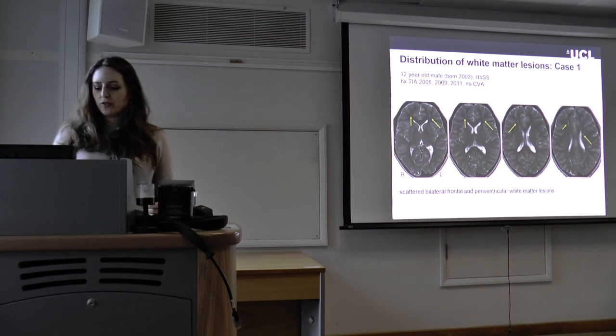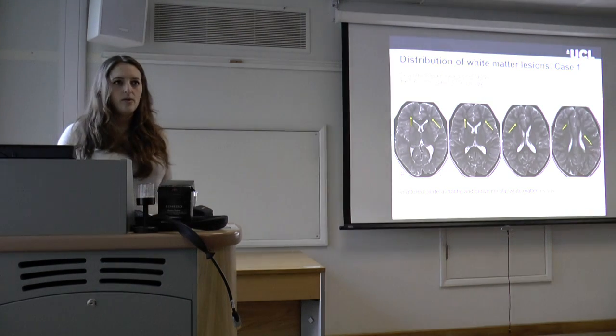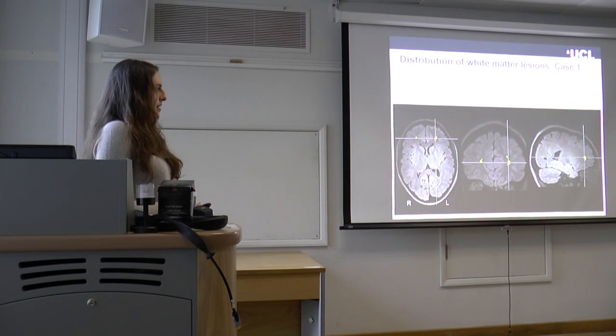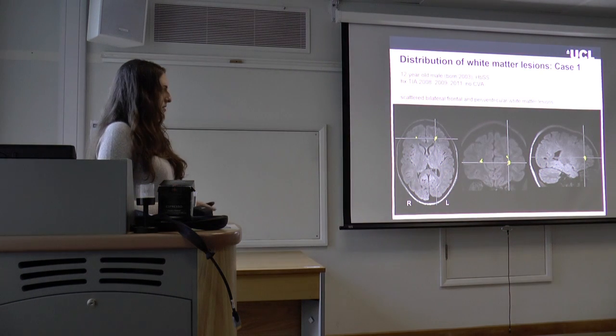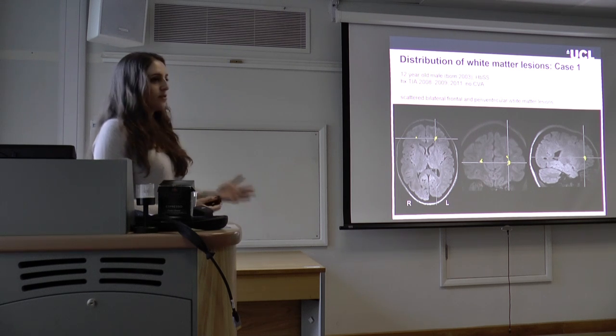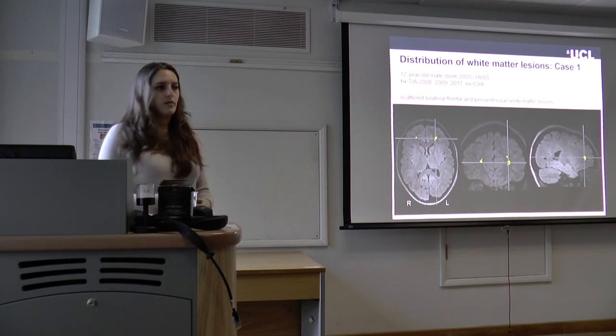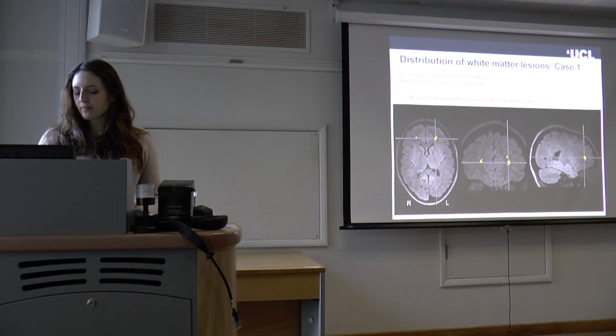But what we can do, which we're collecting as of now, is a 3D isotropic FLAIR, so we can actually trace these lesions in high resolution. And this is what it looks like when, together with the radiologist, we confirm that these are, in fact, areas of abnormal white matter signal.